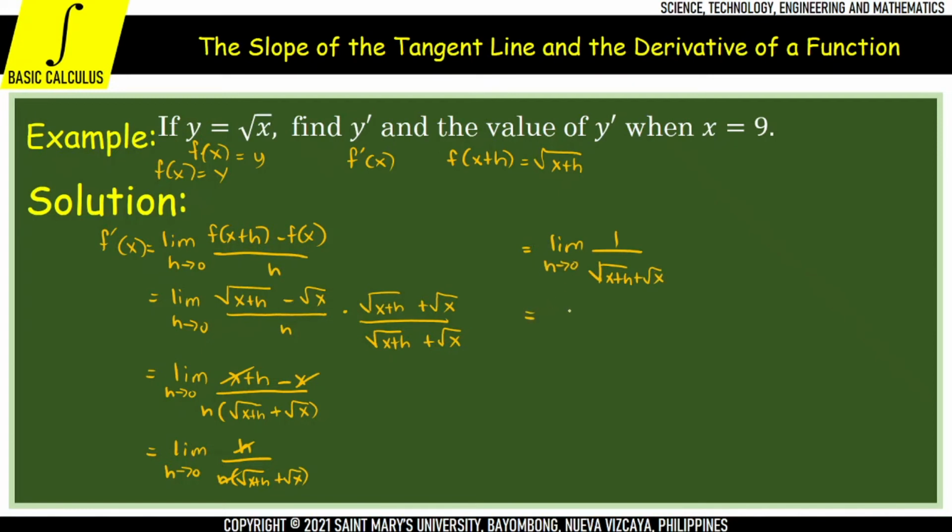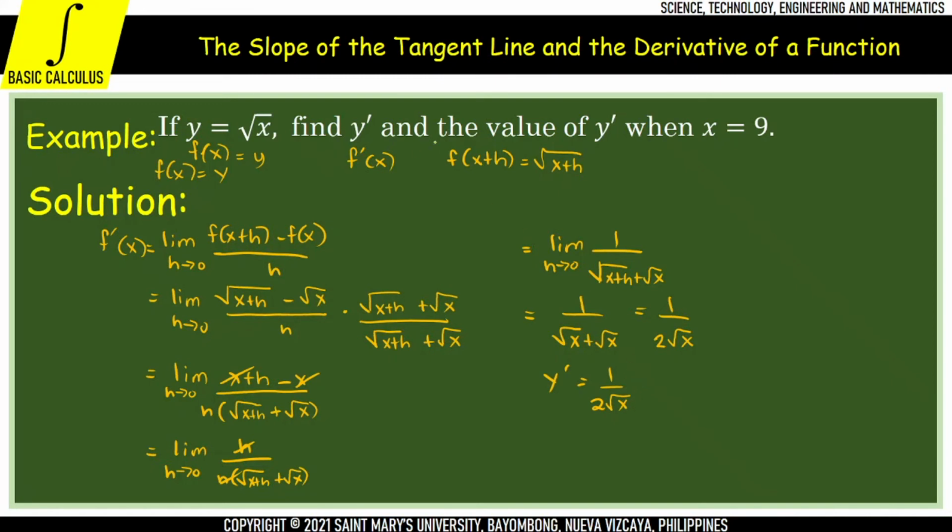Lahat ng h papalitan ng 0. So we have 1 all over square root of x plus square root of x. And square root of x plus square root of x is automatically 2 square root of x, so 1 all over 2 square root of x. Therefore, y prime is equal to 1 all over 2 square root of x. Or you can rationalize still our function, pero pwedeng ganyan na.